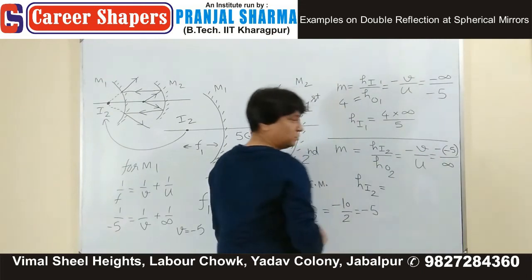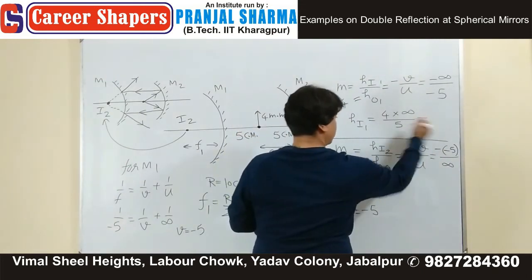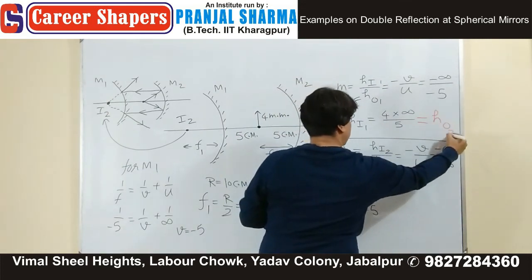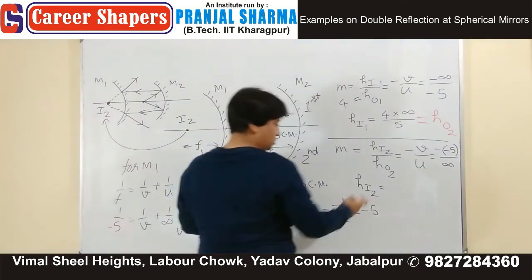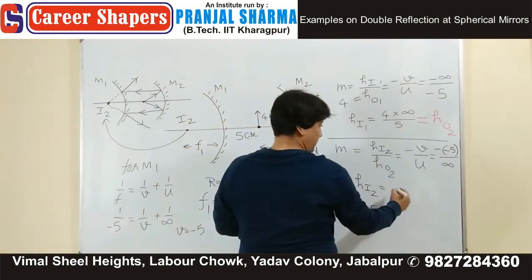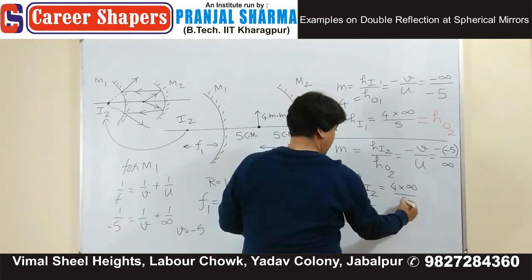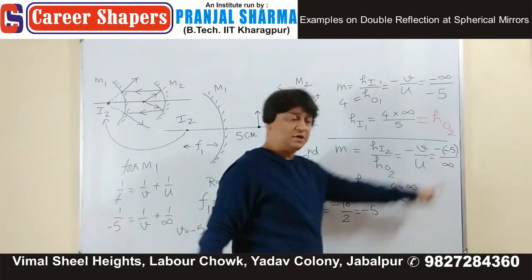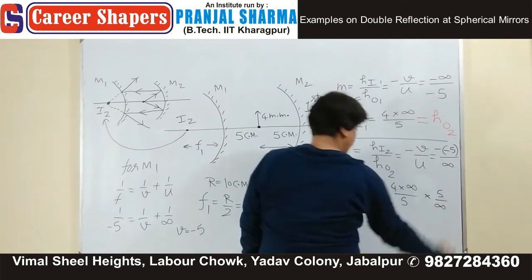You can also write like this with a different color, that this Hi1 is going to act as Ho2 for second reflection. So when you multiply, you're multiplying 4 into infinity divided by 5, this number with this number, which is 5 upon infinity.